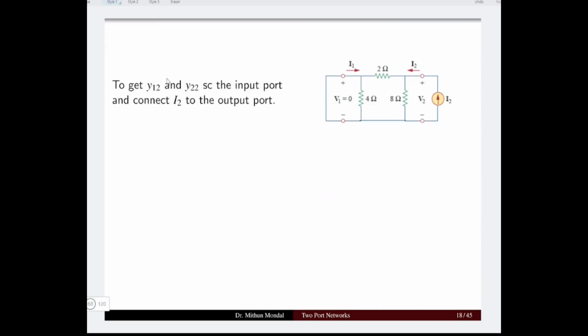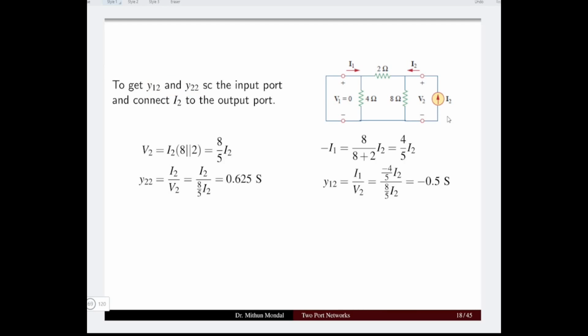The other two terms, Y12 and Y22, can be obtained by short circuiting the input port. This is my input port which I will be short circuiting, and I will connect the current source at the output terminal. So we can determine the parameters Y22 and Y12.